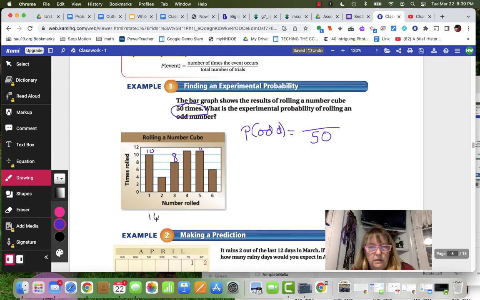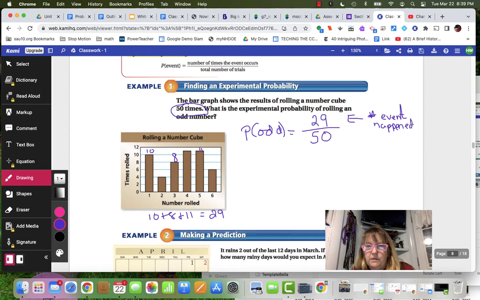So 10 plus 8 plus 11 equals 29. That is the number of times the event happened.